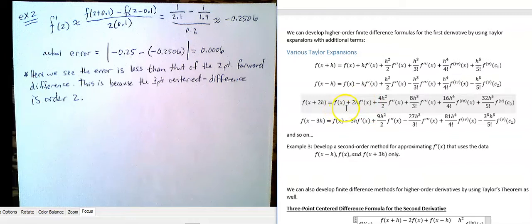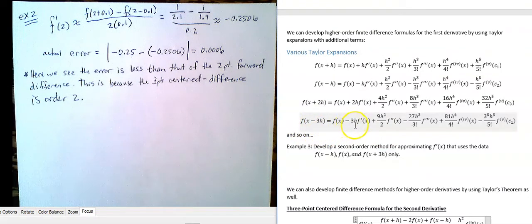So here we would have f of x plus 2h to the first power times f prime. This would be 2h squared over 2 times f double prime, 2h to the third, 2h to the fourth, 2h to the fifth. Likewise here, negative 3h just replaces all those h's.